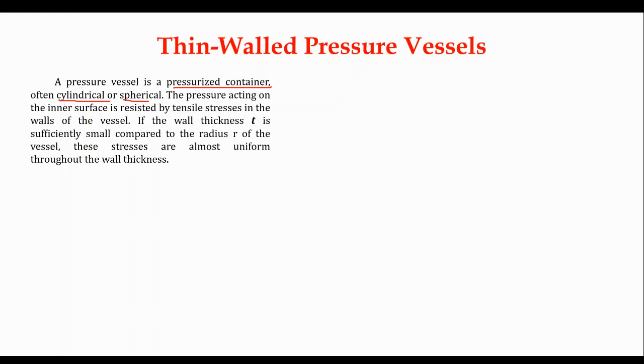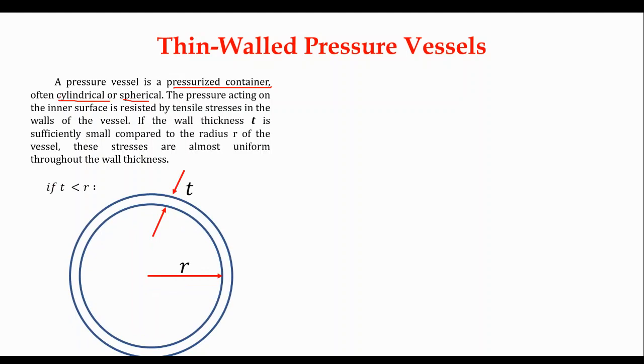Depende lang. So, if ang thickness sa imuhang vessel is lower than the radius of your vessel, then that vessel is considered thin-walled. Kasi if mas baga ang thickness kaysa sa radius sa imong vessel, dili na thin-walled ang analysis. Dito na masulod ang fluids na analysis, katong hydrostatic analysis.